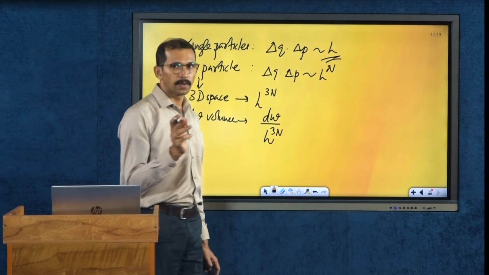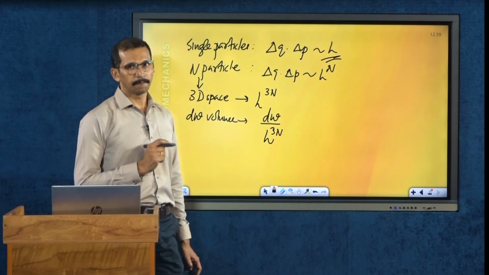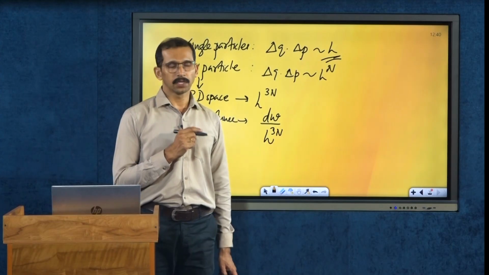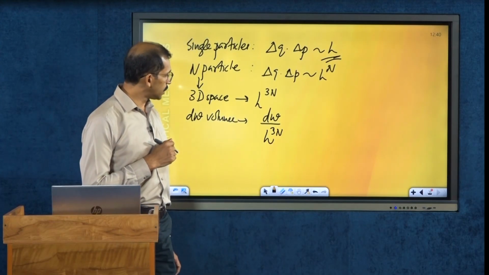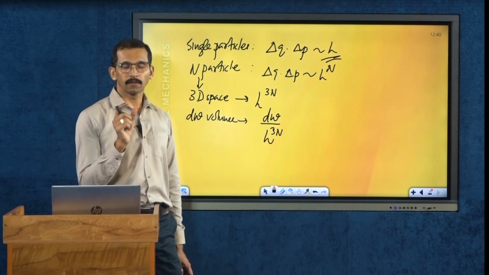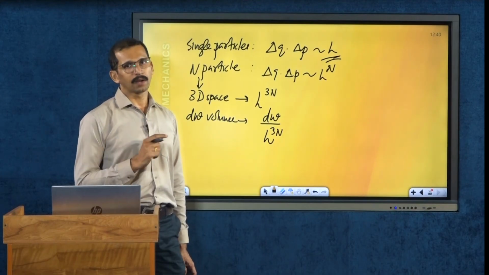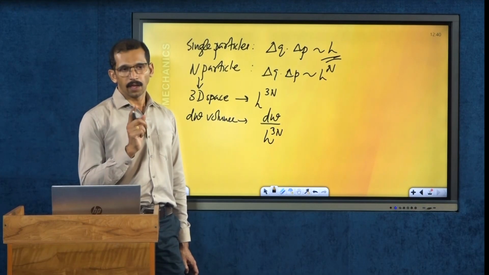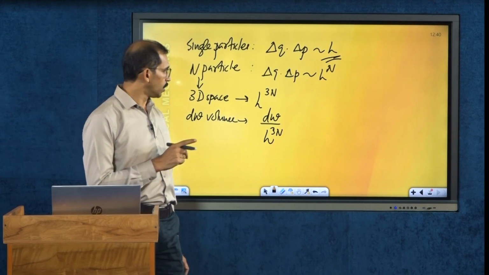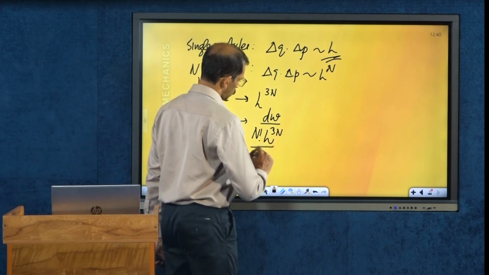Now, if you remember the Gibbs paradox, we made a correction there. If you don't remember, you have to rewind to the previous episode and go back to that. There we made an assumption for an ideal gas system that, in order to prevent overcounting, or in order to account for the indistinguishability of the particles, we have to divide by N factorial.